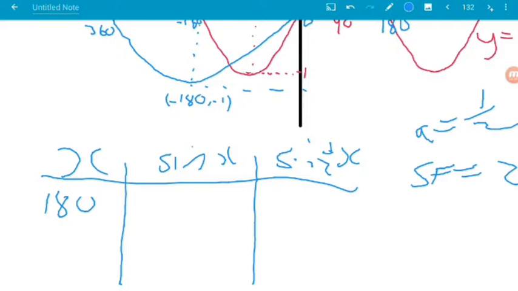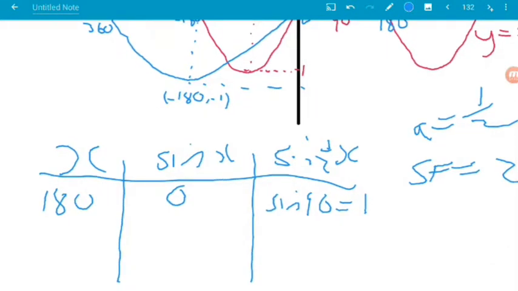So sine of 180 is 0. Sine of 1/2 of 180 is actually going to give us sine of 90. Now sine of 90 is equal to 1. So sine of 1/2 x when x is 180 is equal to 1.